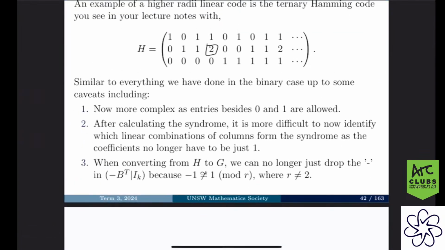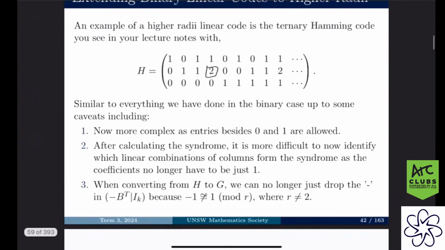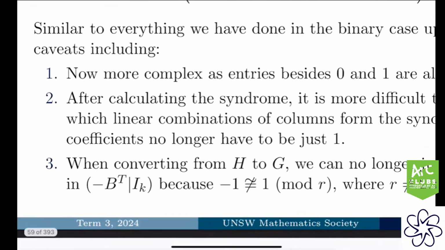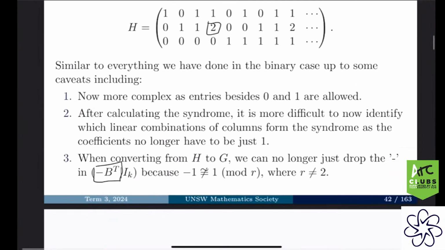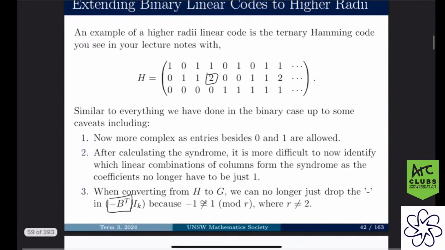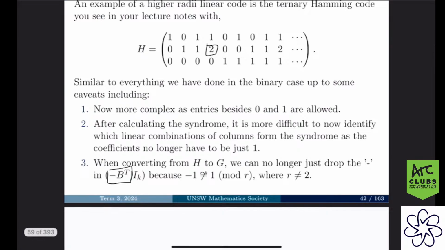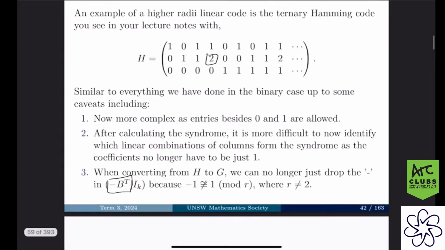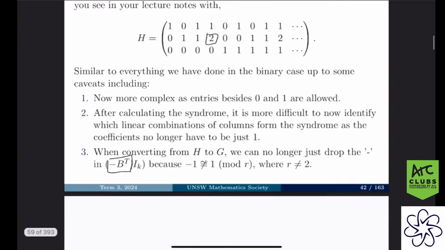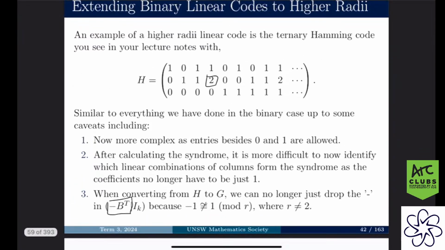And additionally, when converting from H to G, we have to take the negative of the B matrix transpose, because when we were doing the binary case, we could ignore that because minus 1 is congruent to 1 in binary. Great. I think that is it for topic 2.